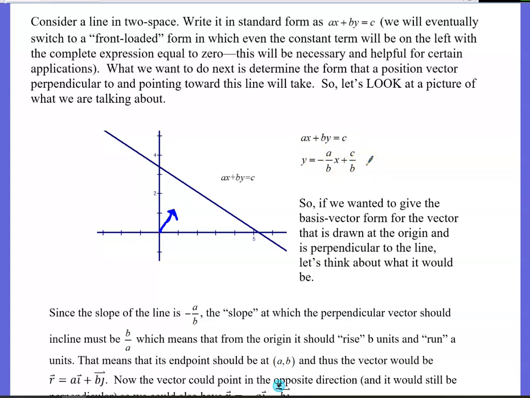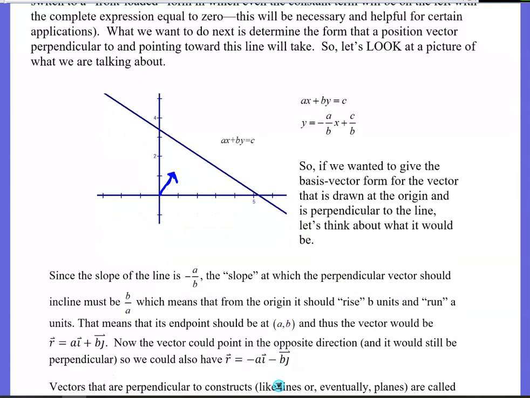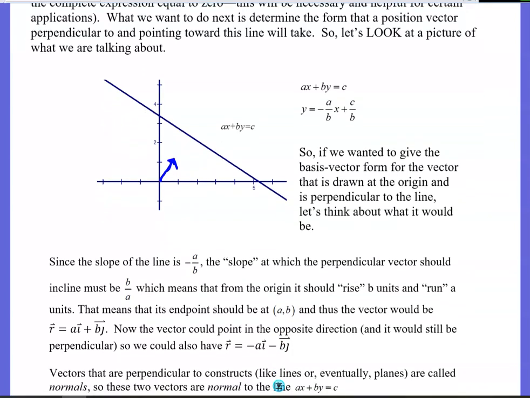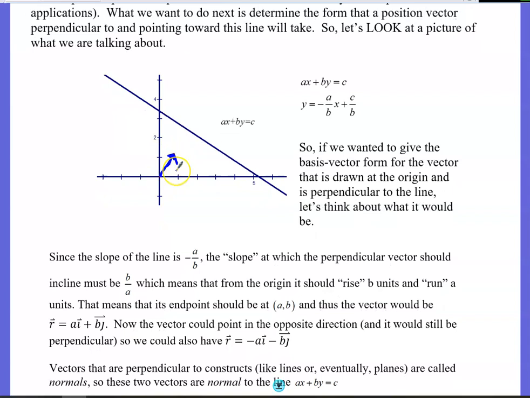Let's think about what we would need this little vector right here to look like for it to be perpendicular and headed towards the line. You guys might be able to tell me something about the vector, right? Because we would want this direction to be perpendicular to the line, and you can get the slope of the line from this equation.